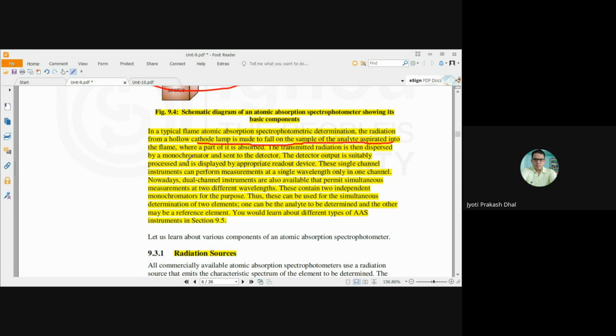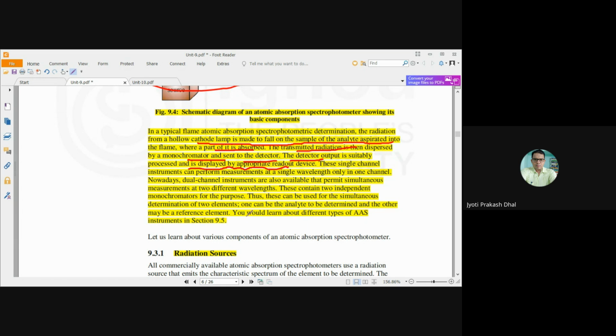The radiation from the hollow cathode lamp falls on the sample, where a part of it is absorbed. The transmitted radiation is then dispersed in a monochromator and sent to the detector. The detector output is suitably processed and displayed by an appropriate readout device.